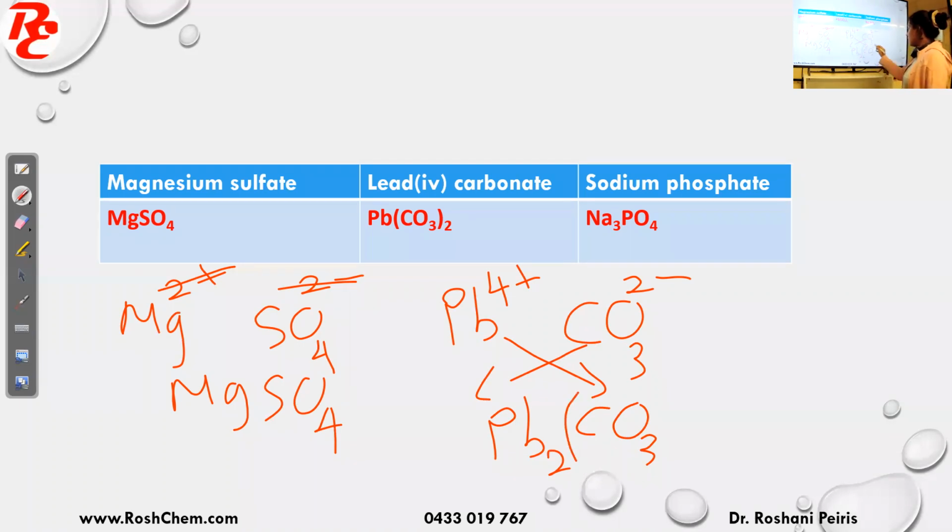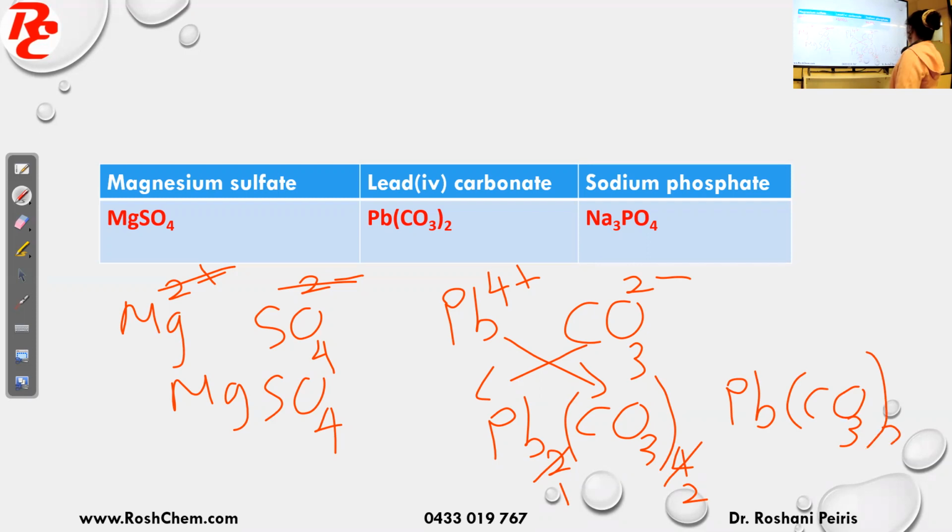So you have to put a bracket and write 4 like that. But you can now simplify further. You have 2 and 4 which came from charges. So you can divide both numbers by 2. So that becomes 1, that becomes 2. So therefore it's Pb, Pb1, I don't write 1, and then CO3 becomes 2. So the formula of lead(IV) carbonate is Pb(CO3)2.